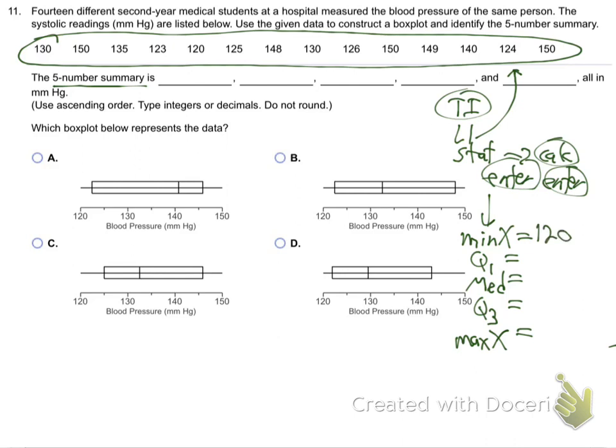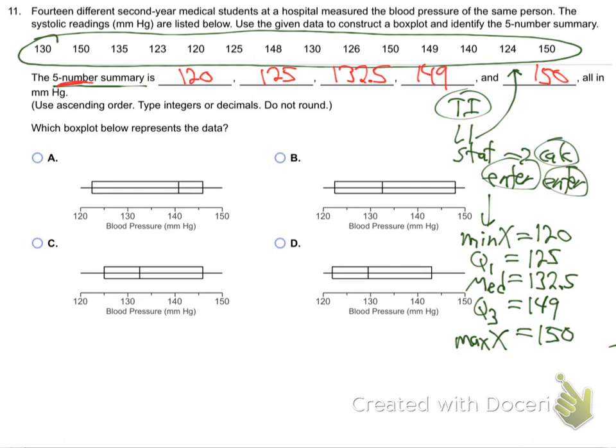That easy. 120, 125, 132.5, 149, and 150. Those are your 5 answers. Just bring them up here. 120, 125, 132.5, 149, 150. So those are your what's called your 5-number summary.